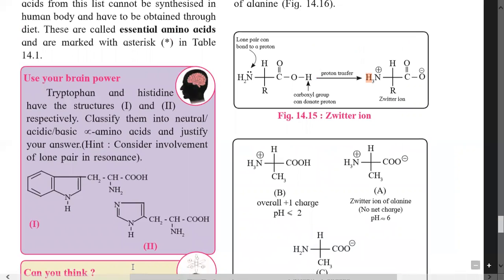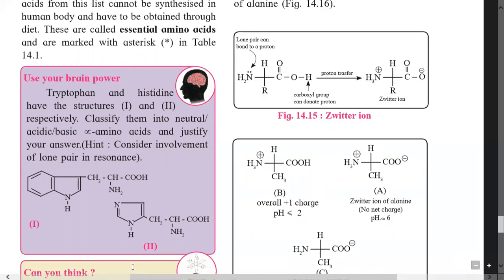We know alanine contains a CH3 group. First, the general formula of alpha amino acid is R, CH, NH2 and COOH group. So a lone pair is present on nitrogen in the amino group and the carboxyl group contains the proton that can be donated to this amine group. If proton transfer takes place, this structure is a Fischer projection formula and therefore the central carbon is not shown.